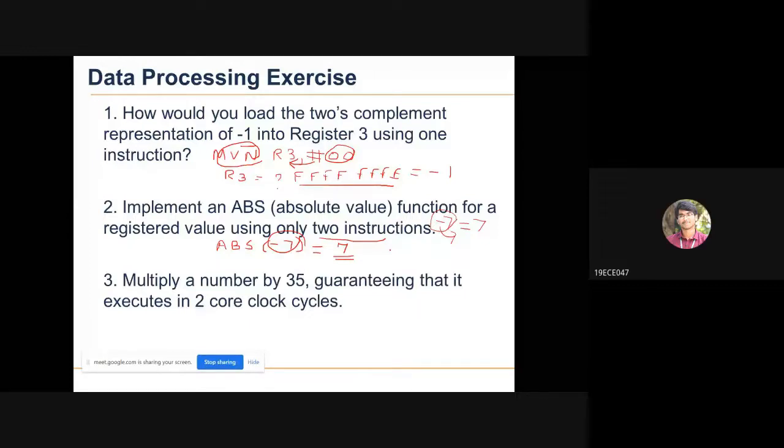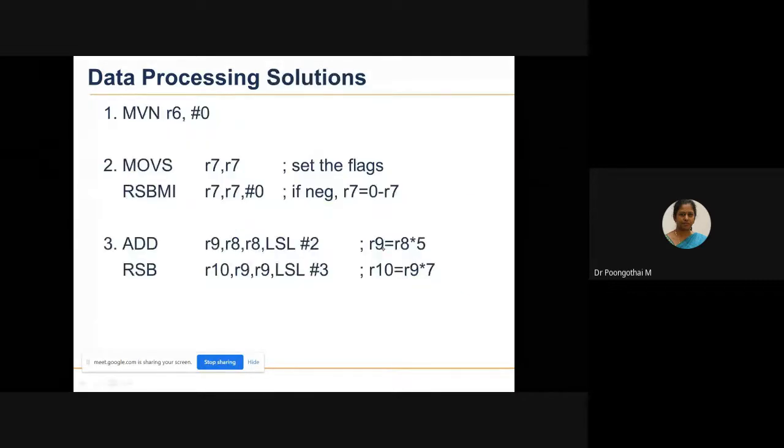Subtract 7 from 0. First you have to use the move instruction and next use the reverse subtract instruction. For example, R7 holds -7.